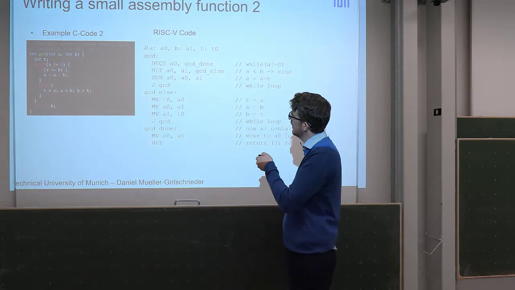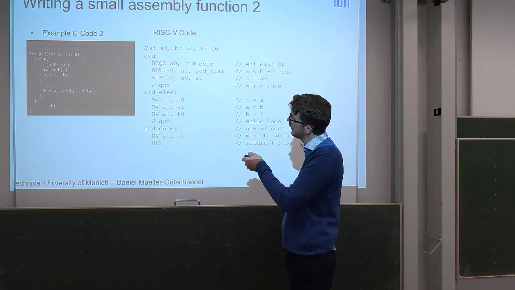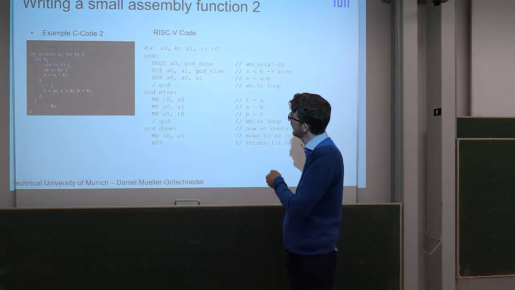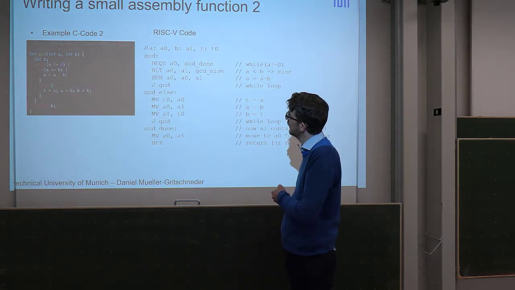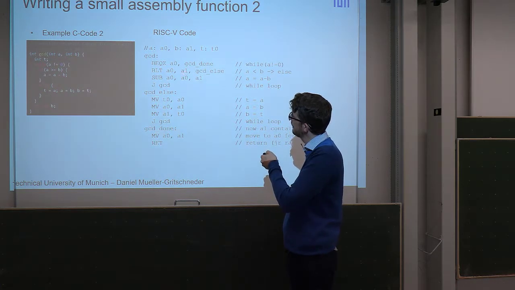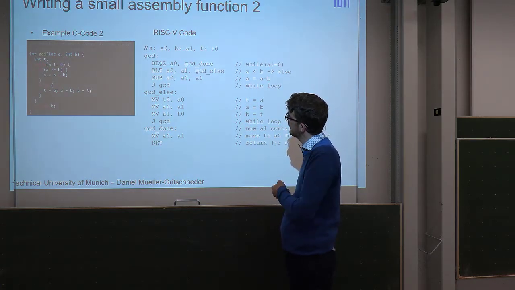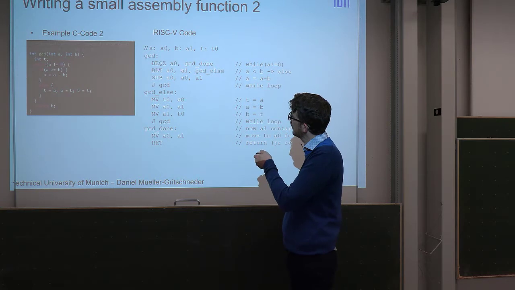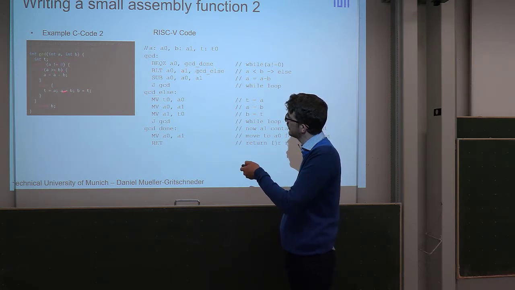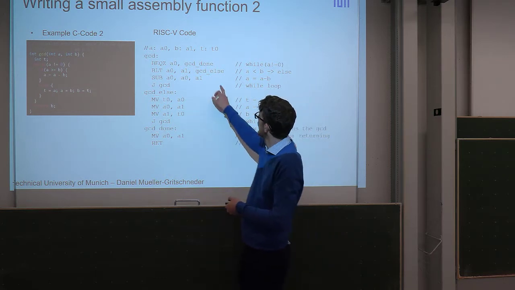A0 has the first parameter, and we know the first parameter of the function is A. Then A1 is equal to B, because the next parameter of the function is B, and this is in A1, the second parameter. So if we turn this around, if A is smaller than B, then we want to execute the else branch, so we are jumping to the else branch.